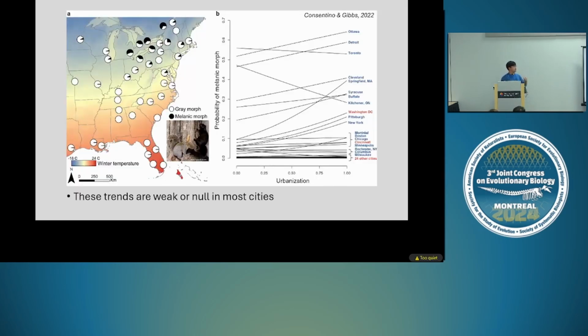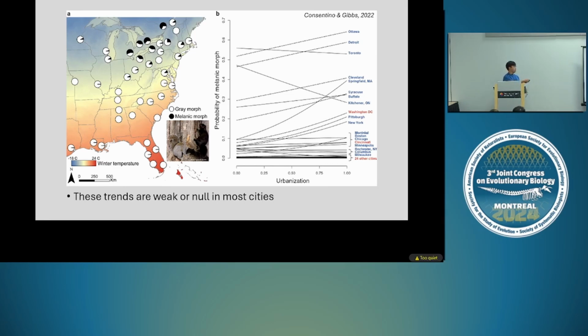We can look at the data here that was published by Costantino and Gibbs in 2022. It's a great paper, and we can see how all of these cities up here have this nice trend of increasing melanism with higher urbanization.